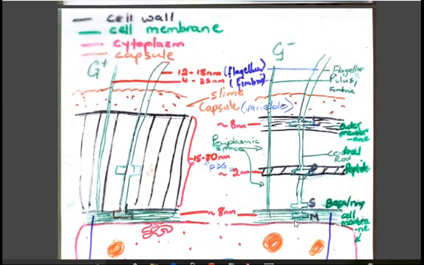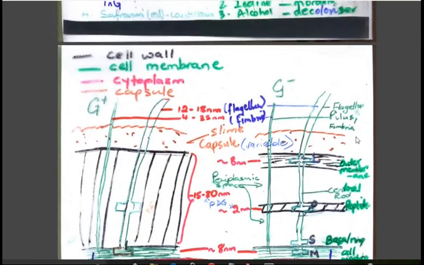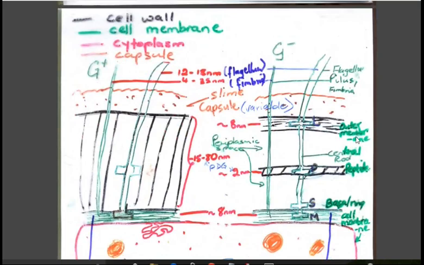This is the cell membrane, the one which is in blue, and the wall starts here to the end. The reason why I have this diagram is because when I ask you to draw a gram-positive wall and a gram-negative wall, I don't want you to go into the complications that students sometimes get into.